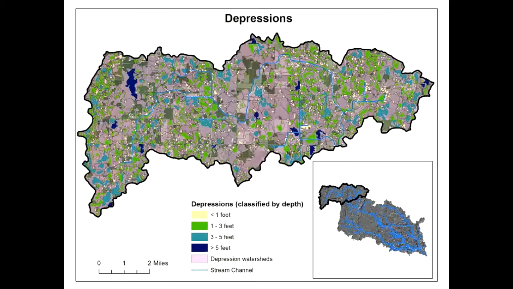So if you were to fully buffer the stream coming through this watershed, you'd only be filtering about 20% of the runoff, according to this analysis. And so being able to map these out in terms of what are the largest depressions and those that collect the most runoff, so those would be prioritized probably for these sort of treatments in this landscape.